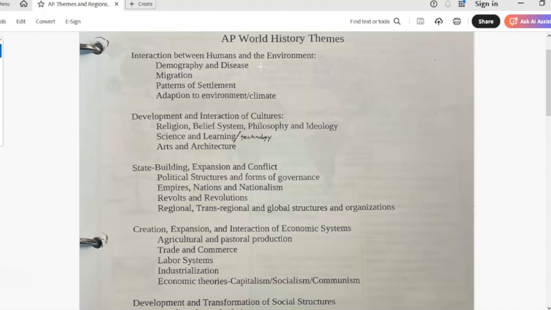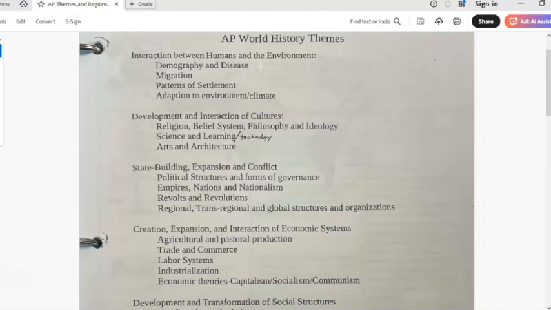Think the Aztecs. They live on a lake, modern day Mexico City. If their population is to grow, they need more arable farmland, so they make floating gardens. So adaptation to the environment and climate is really what these civilizations do that allows the area they live in to be livable. So that's the first one.